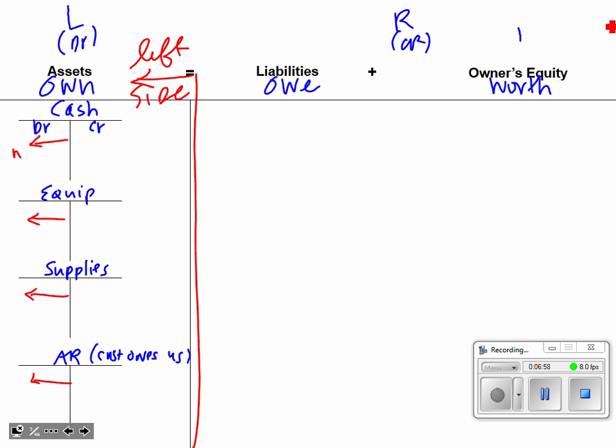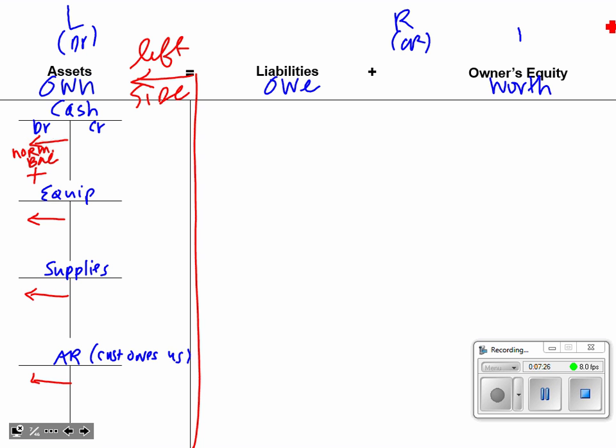It's where their normal balance resides, and it's also where they increase. Because assets are on the left side of the giant T, each of their little accounts, cash, equipment, supplies, and AR, their left sides of their baby T's are where their normal balances reside and where things increase.